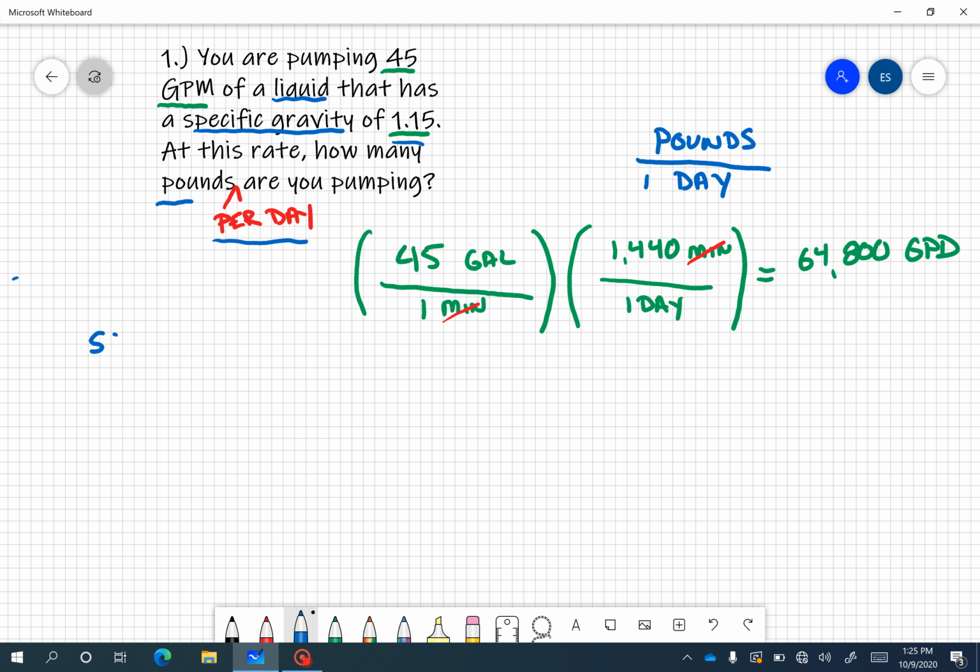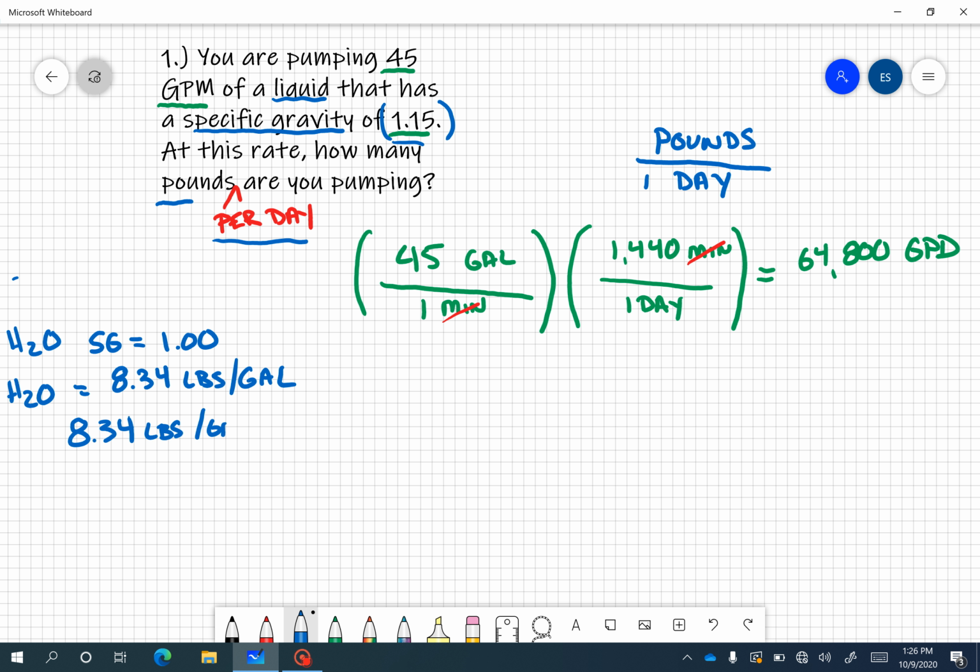So if we know the specific gravity of water is 1.0, and we know that water weighs 8.34 pounds per gallon, and we also know that the specific gravity of this unknown liquid is 1.15, we can now determine how many pounds a gallon of this unknown liquid is by multiplying 8.34 pounds per gallon times a specific gravity of 1.15.